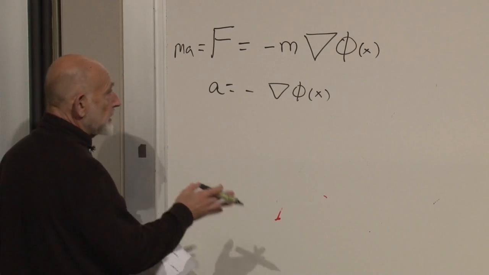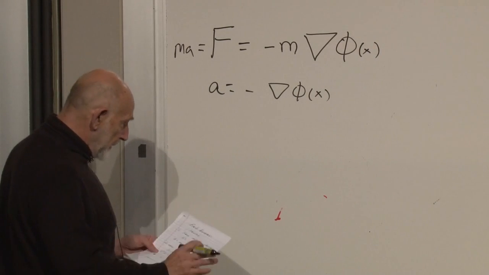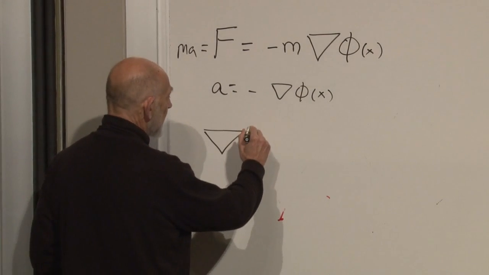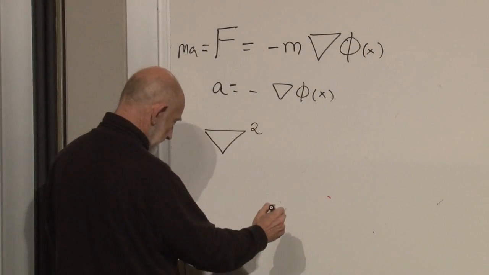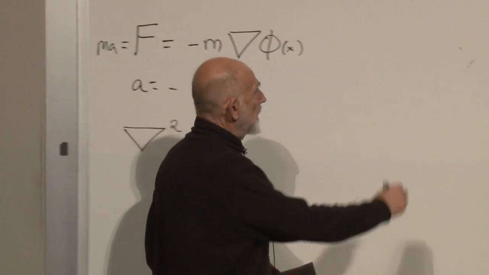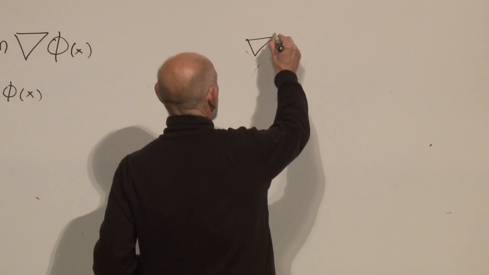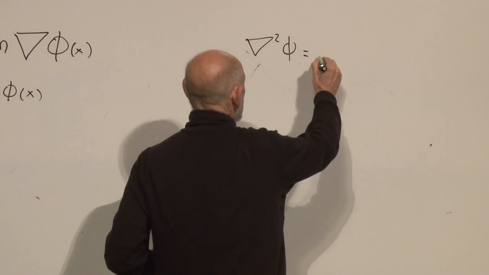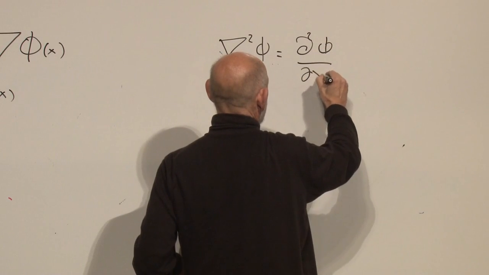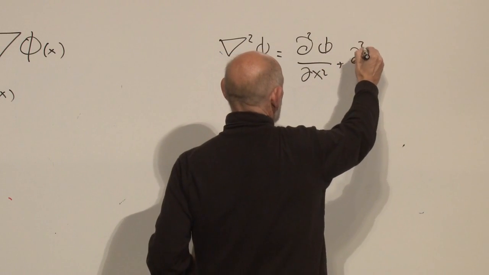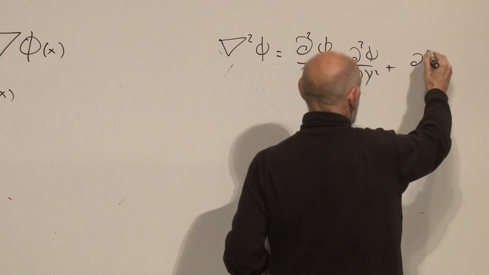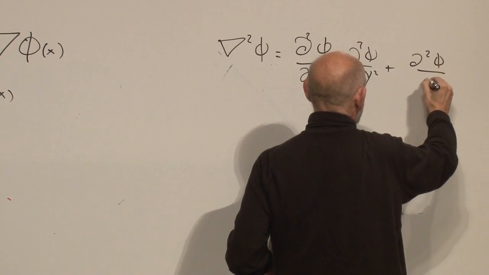The equation that tells the gravitational field what to be is Poisson's equation. Does everybody know what del squared phi means? Del squared phi means the second partial of phi with respect to x squared plus the second partial of phi with respect to y squared plus the same thing with z.